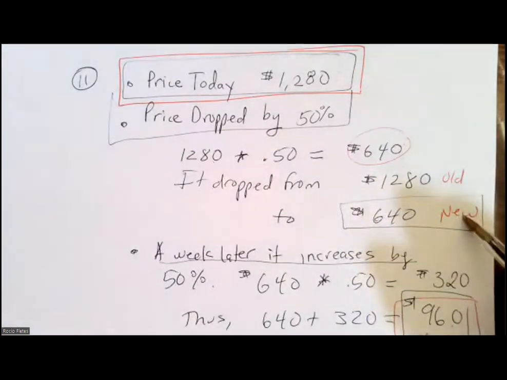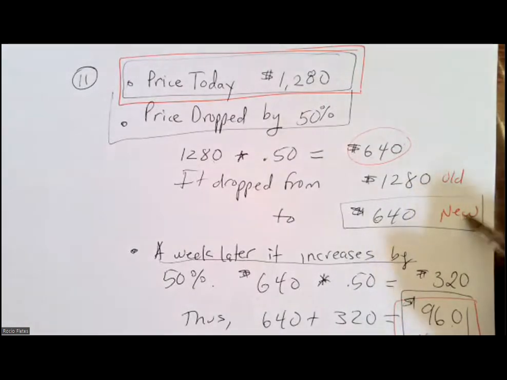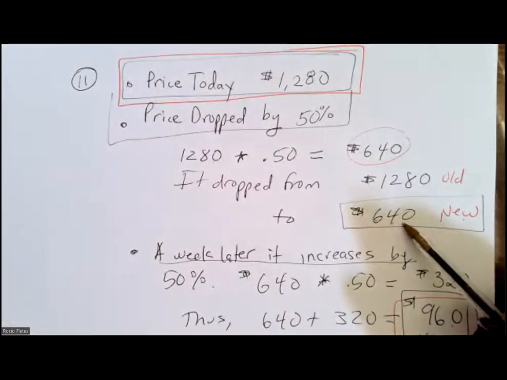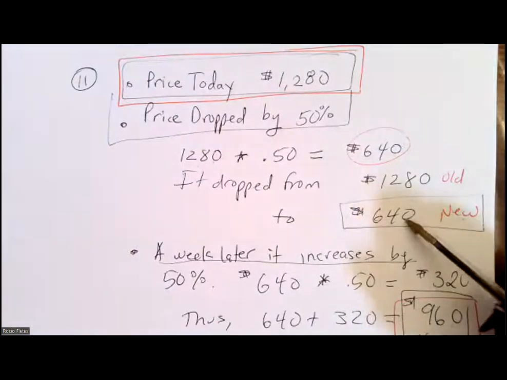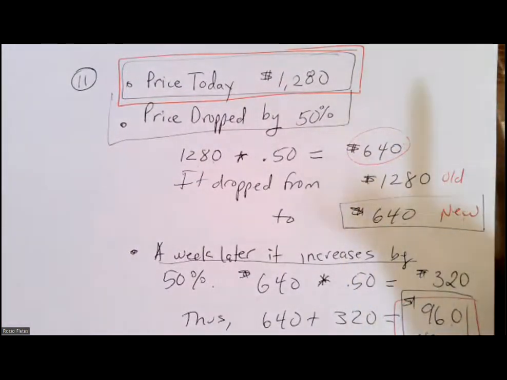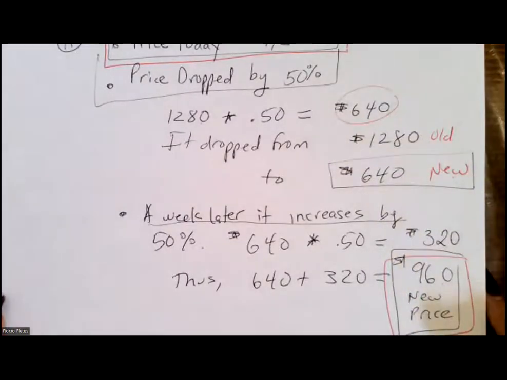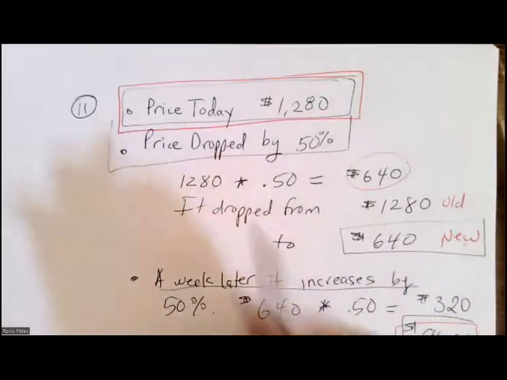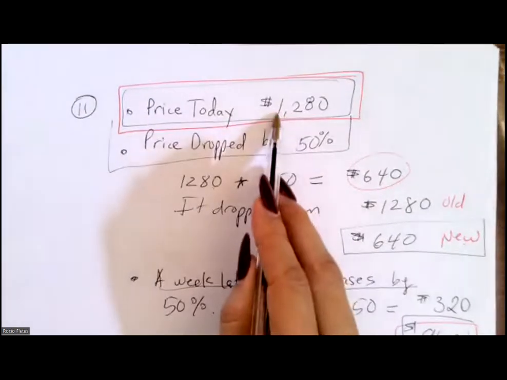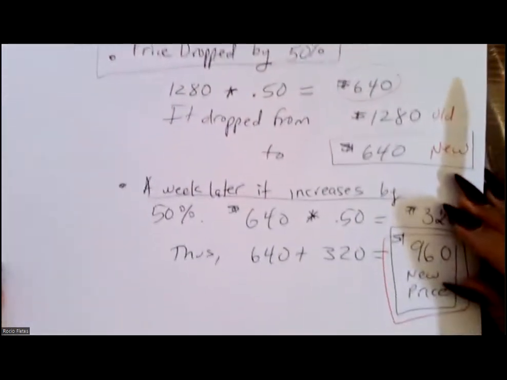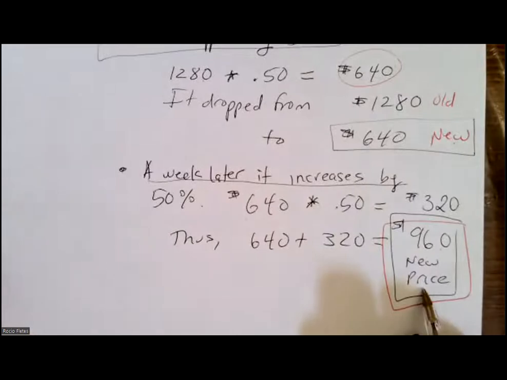From this 640, it increased 50%, and 50% of the new price of 640 is 320. So 640 plus 320 gives you a new price of 960. Then you compare. The very first price you paid for the cryptocurrency was 1,280, and the new price now is 960. So we do not break even.